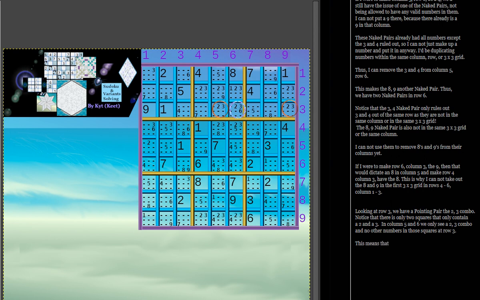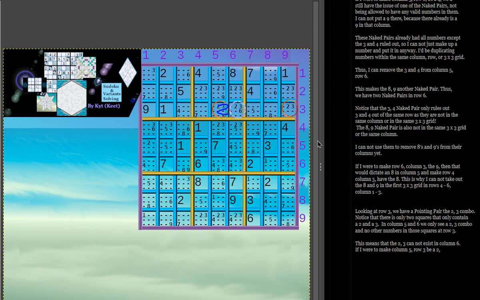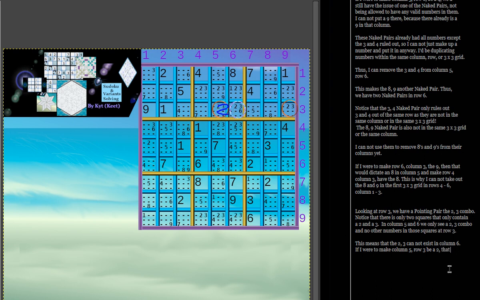This means that the 2-3 cannot exist in column 6. If I were to make column 5 row 3 be a 2, that would force column 9 row 3 to be a 3.